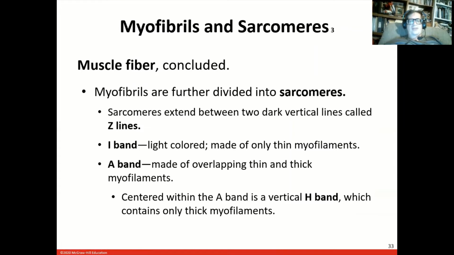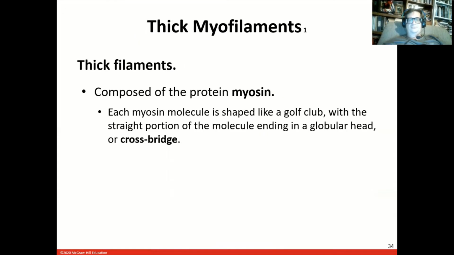Centered within the A band is the vertical H band, which is only thick myofilaments at rest. The thick filaments are myosin. Each myosin molecule is like a golf club, and the end that sticks out of it is the head. Cross bridges, I've always heard people use that term for the type of bond they're going to make.